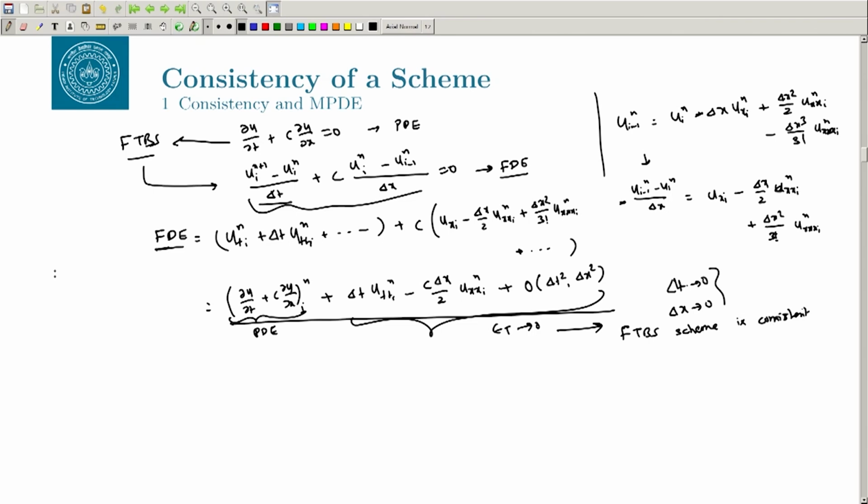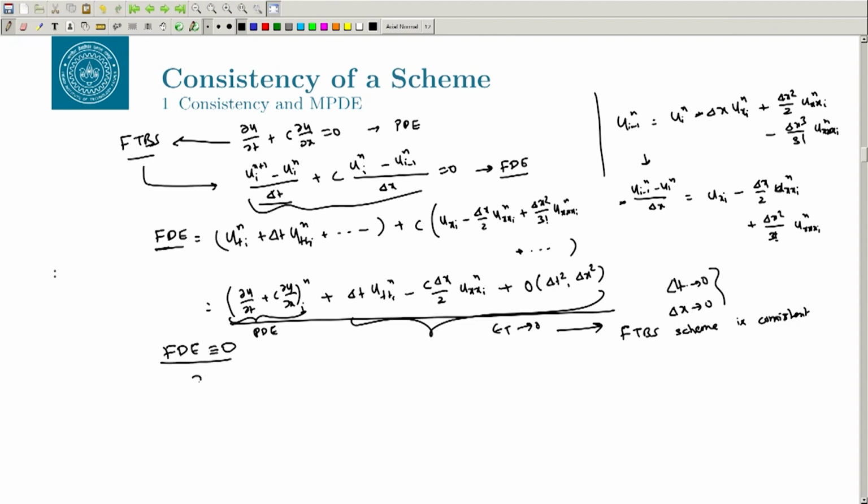Okay. Now, let us look at what exact PDE that numerical scheme is solving. Okay, that is the modified PDE. So, how do we do that? We will say that my FDE basically identically goes to 0, right.